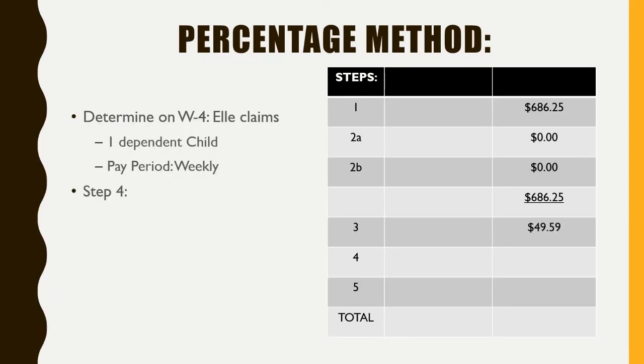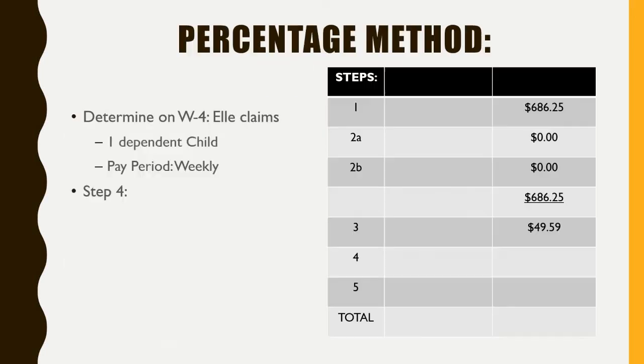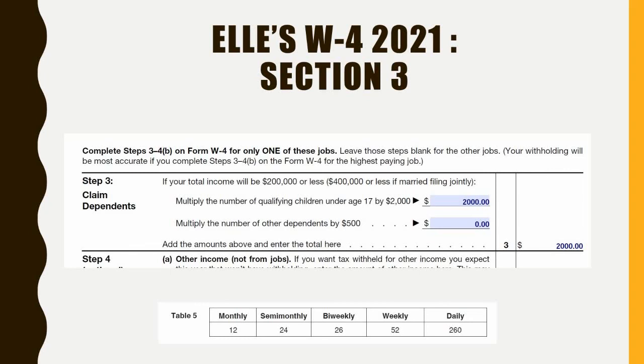Okay. So now that we determined that she claimed her one child, which is $2,000, we need to determine how many paychecks she's going to earn. Like I mentioned before, you should get that table which tells you how many paychecks you earn in each pay period.